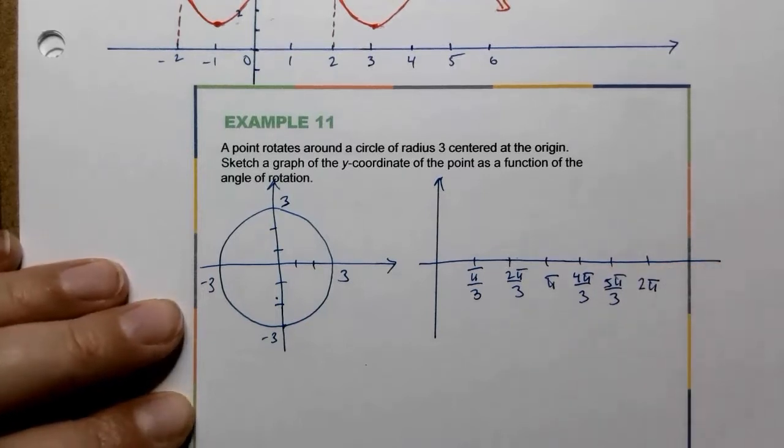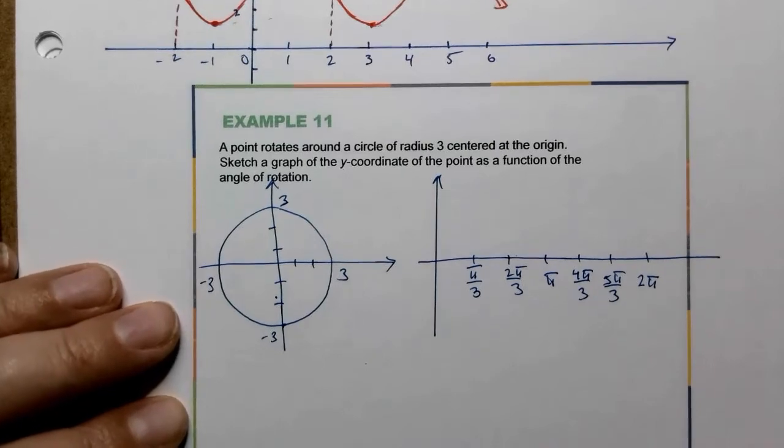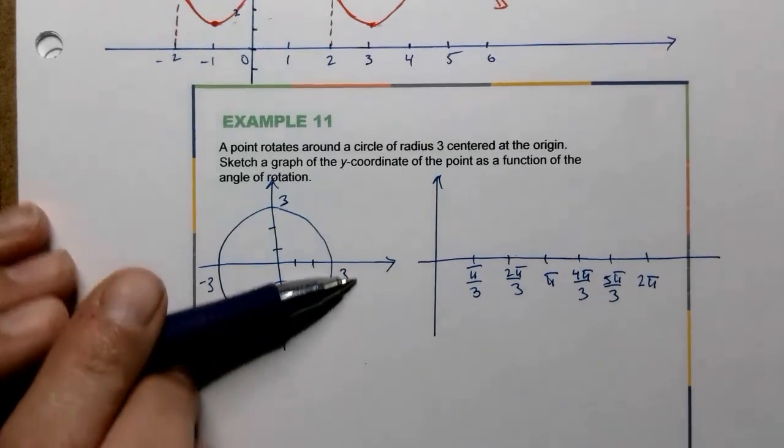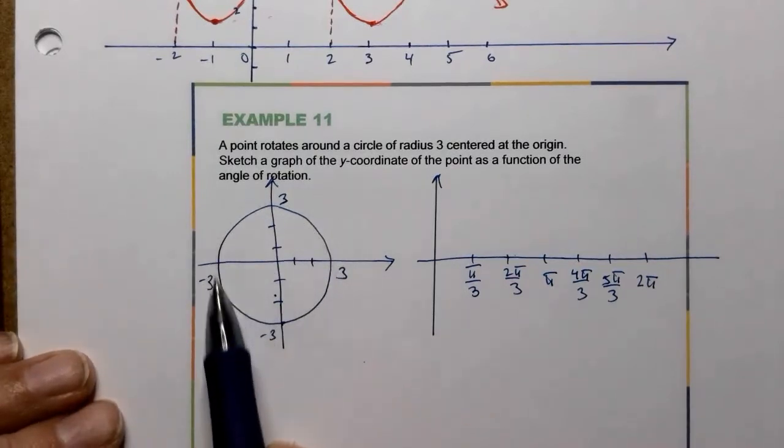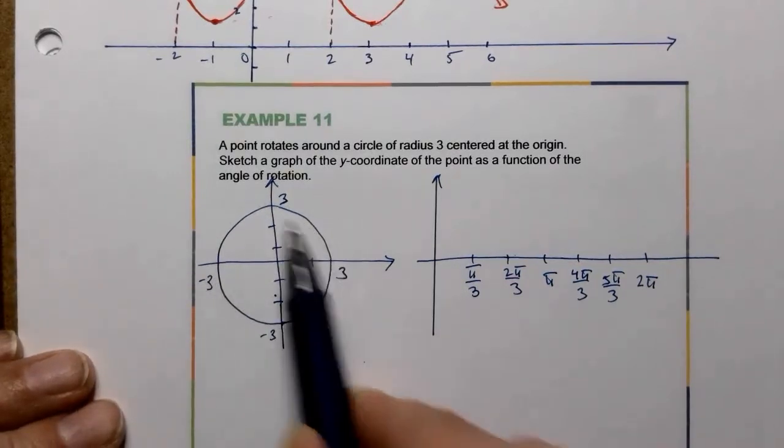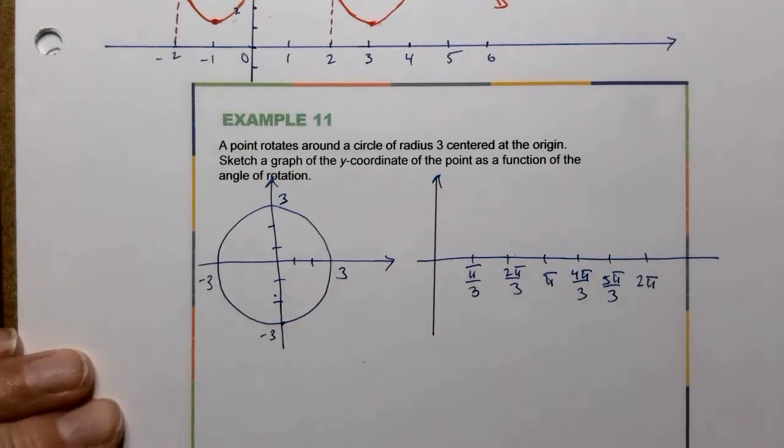That's our full period for the rotation of this point, because it goes around the circle. It makes a full rotation in 2 pi.